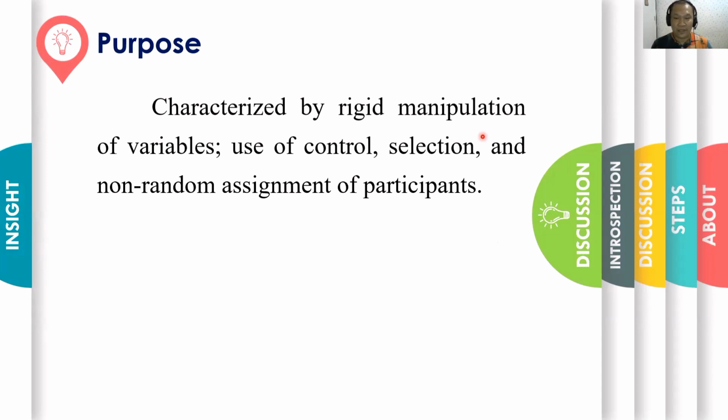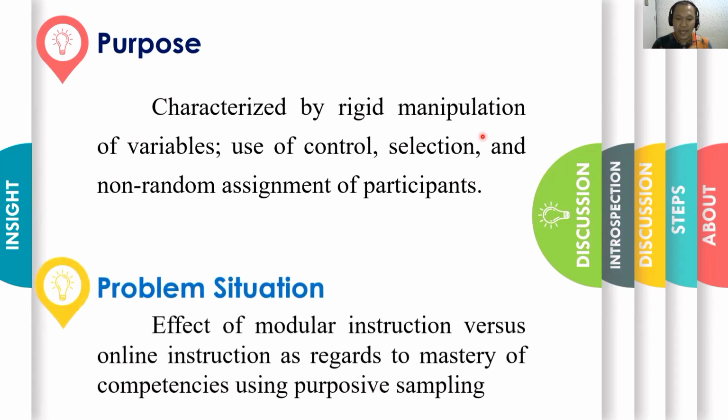Perhaps we can use purposive sampling for the given quasi-experimental research design. Okay, now what are the examples? Effect of modular instruction versus online instruction as regards to mastery of competencies using purposive sampling.